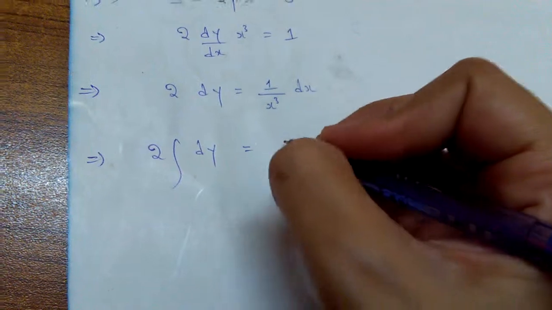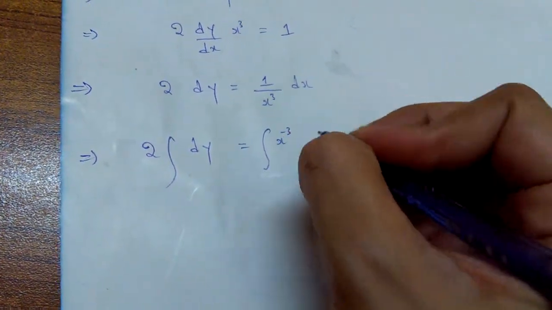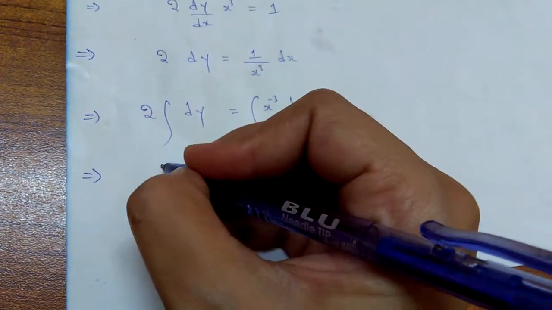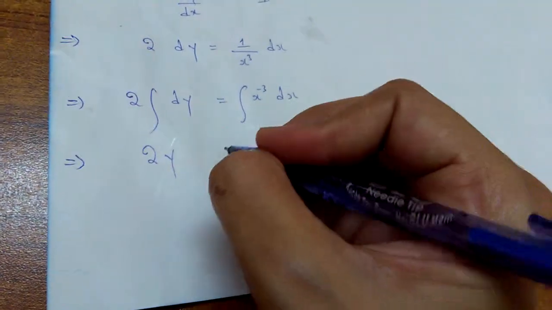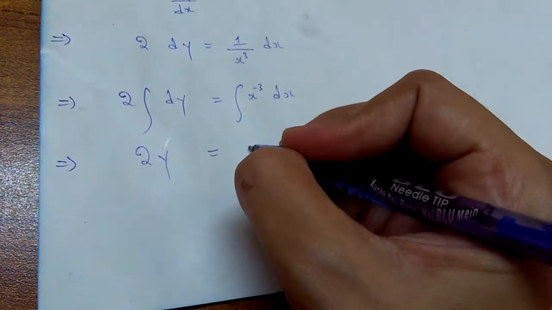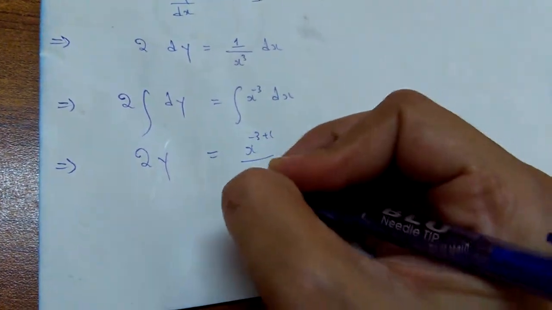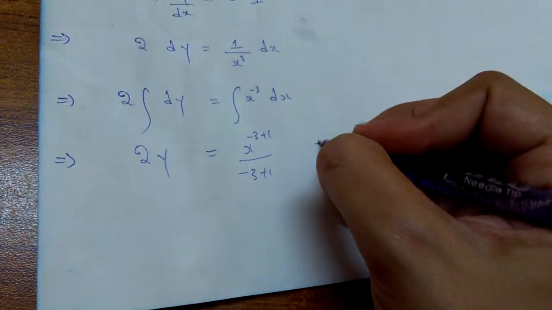We integrate both sides. Okay, so this is going to provide me 2y plus some constant, obviously, and this is going to be plus some constant.